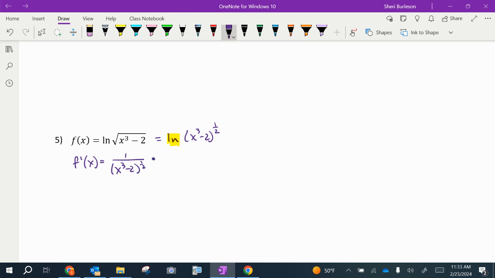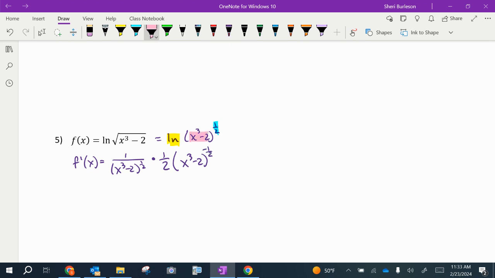And then I'm going to multiply by the derivative of the next inner function, which is the exponent. So what that's going to look like is 1/2 times (x cubed minus 2), because my exponent comes out front, and then I subtract 1 from the exponent, so to the negative 1/2.